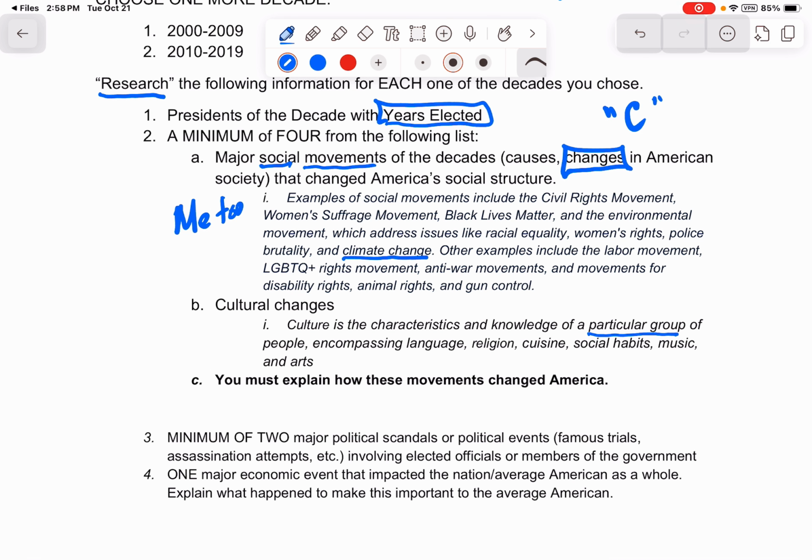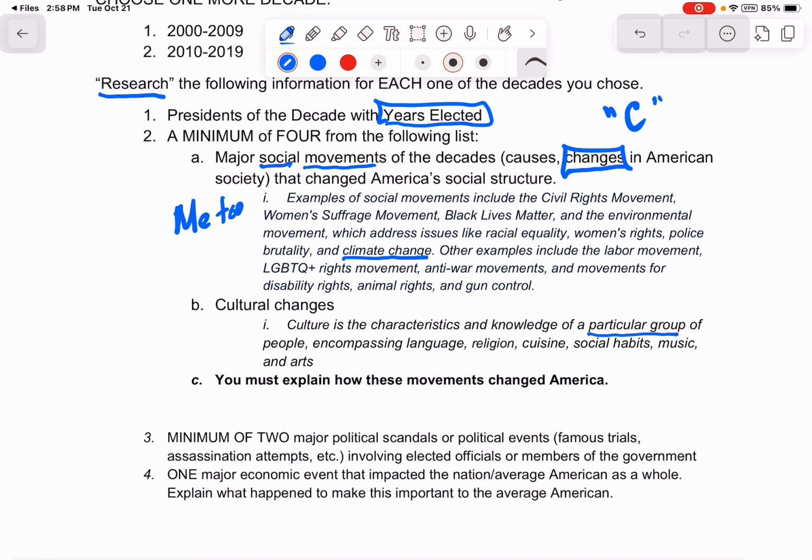For example, because I love music so much, one of the things I might check out would be the rise of hip hop. Okay, in the 80s and early 90s, the rise of grunge music.